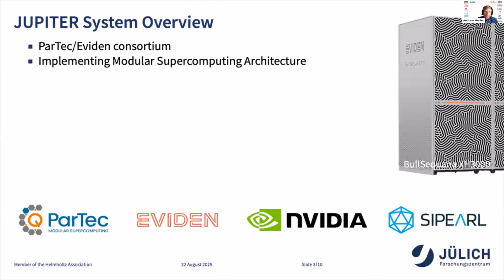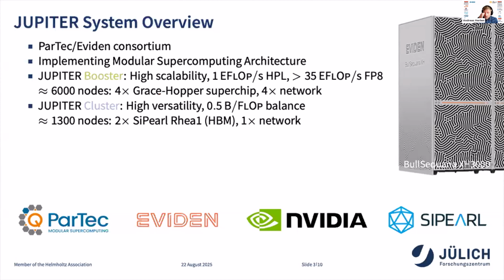So Jupiter is a supercomputer with 2 modules. We are currently deploying the Jupiter Booster module, which is an exascale system. On the high-performance Linpack, we clock in beyond 1 exaflop of performance. We're doing this by using 6,000 nodes, each with 4 Grace Hopper superchips inside and 4 times NDR 200 network.